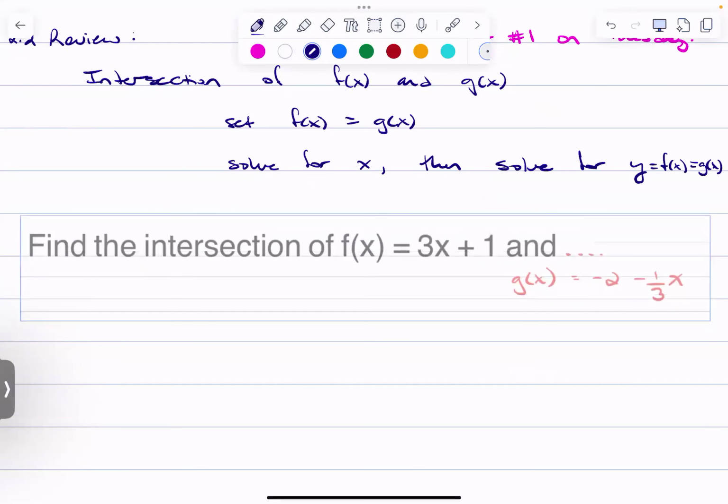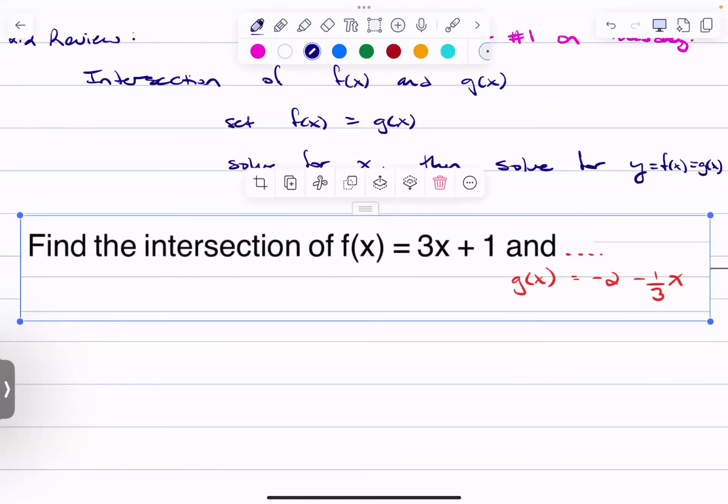Okay. So that's where we left off last day, and then we kept this for when you're fresh, which is today, believe it or not. We can find this intersection. We've got two lines. f of x is 3x plus 1, and g of x is -2 minus 1 over 3x.